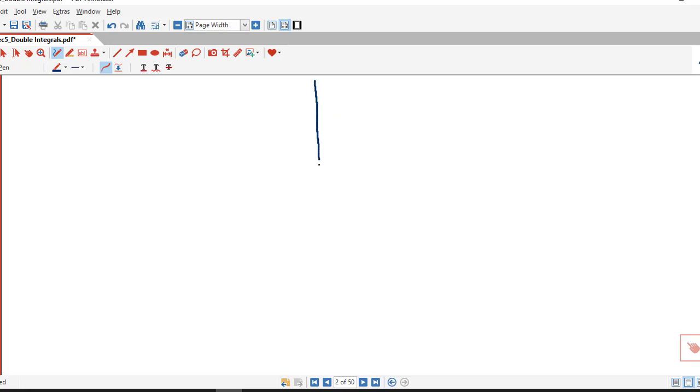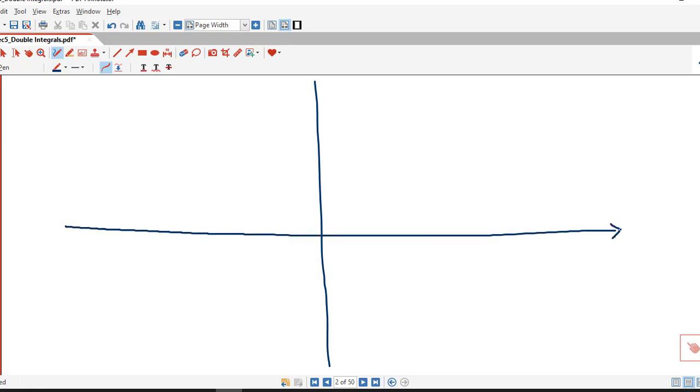So first we approximately sketch, suppose this is the y-axis and this is the x-axis. We have to consider the maximum scale on both axes as 1. So suppose this distance is 1, similarly this distance is 1, and here also this distance is 1.